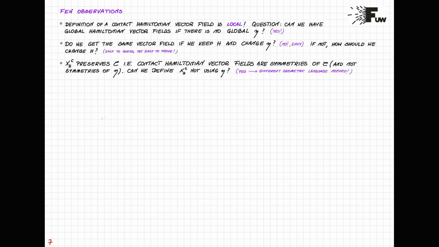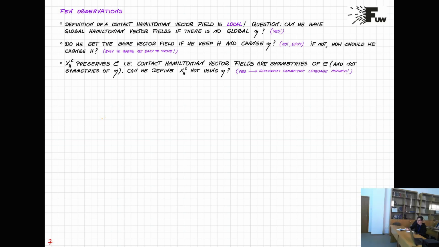So first, the definition of a contact Hamiltonian vector field is local. Since in general contact forms are local, then Hamiltonian vector fields are also local. So the first question we might ask is whether there are global Hamiltonian vector fields, whether we can construct them. And the answer is yes, there are. Even on the Mobius strip, we can get a global contact Hamiltonian vector field.